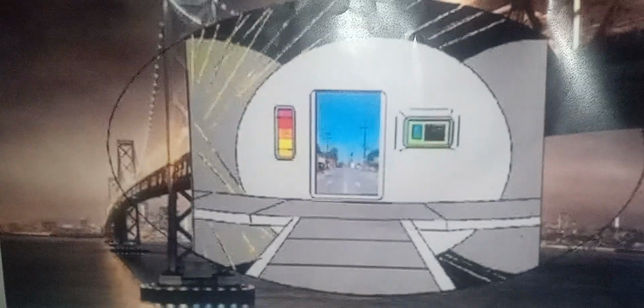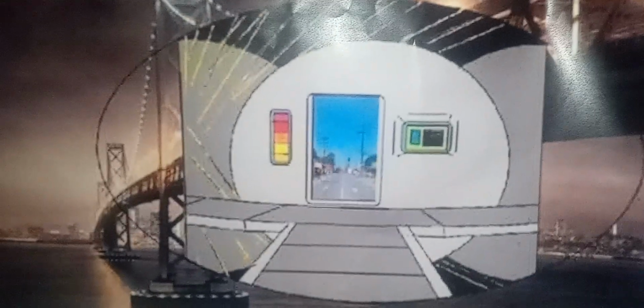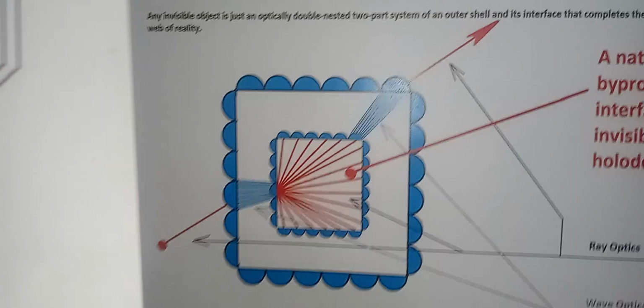And this is another example of a televisual portal. It's beside a bridge and underneath the bridge, and its holodeck is down my street. So this is the same thing really as the cube, light interface cube, or whatever you want to call it.